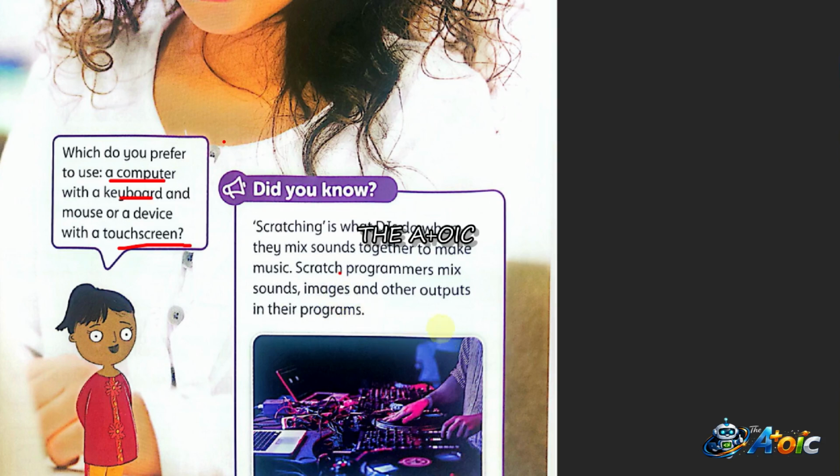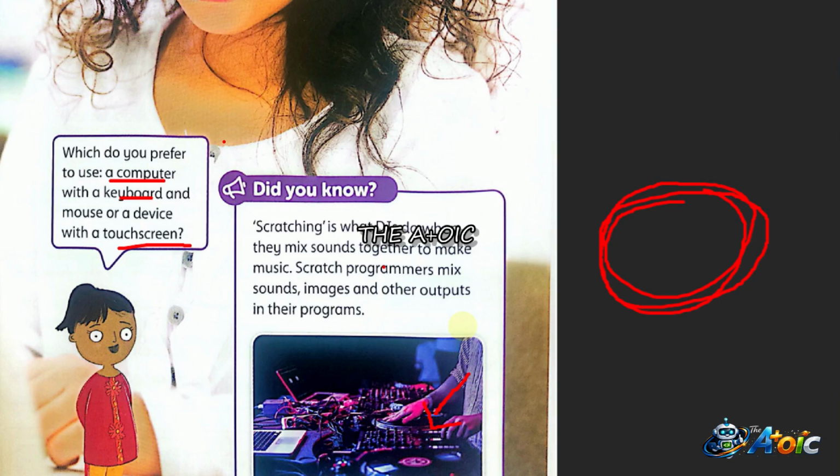When you hear the word scratch or scratching, this is what DJs do. DJs have something that looks like a CD, and they spin and turn it around. They're scratching.